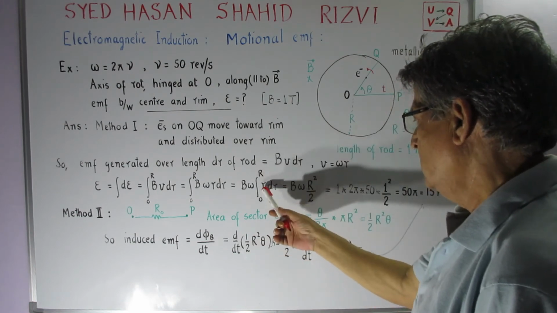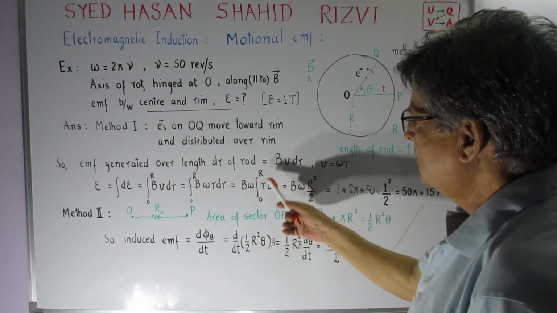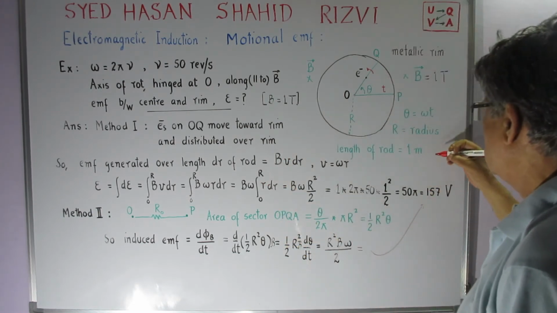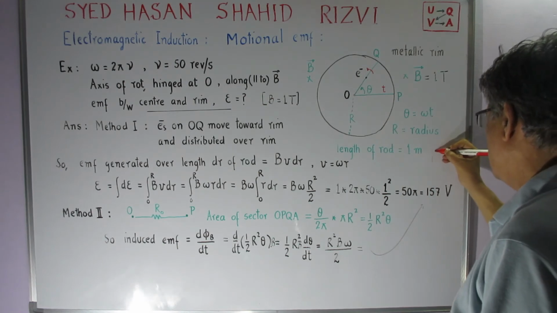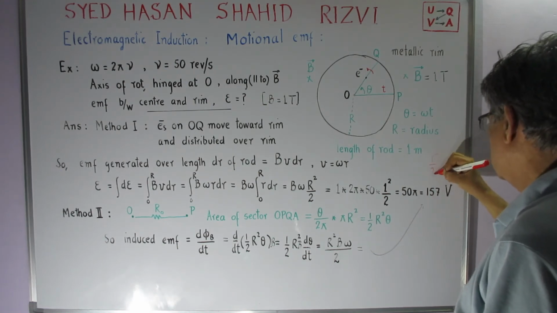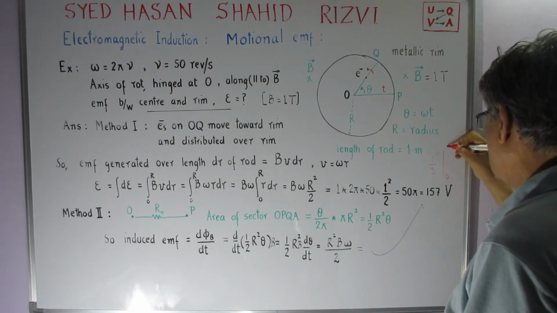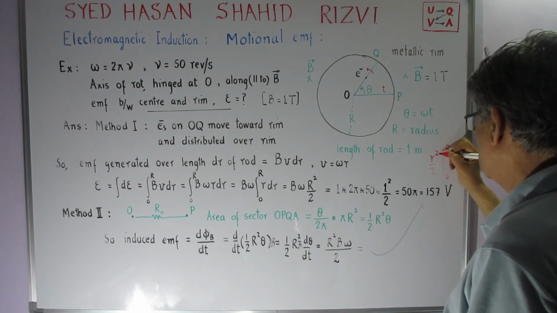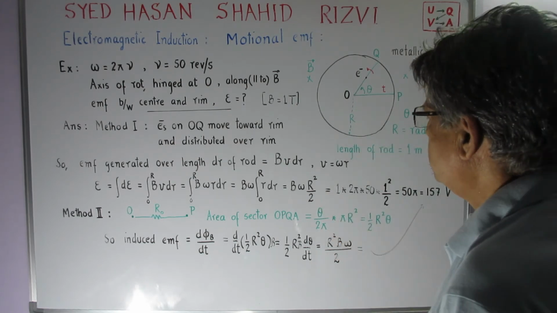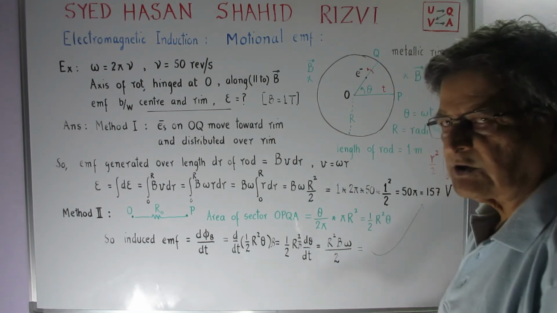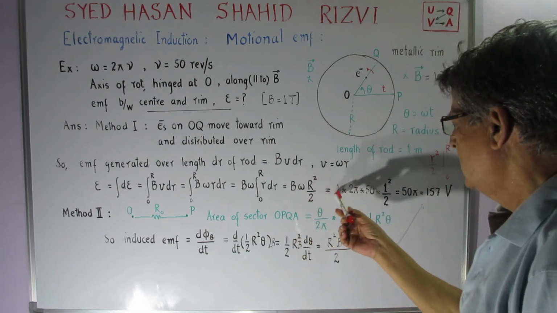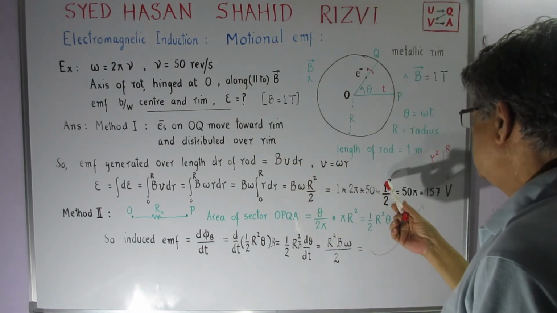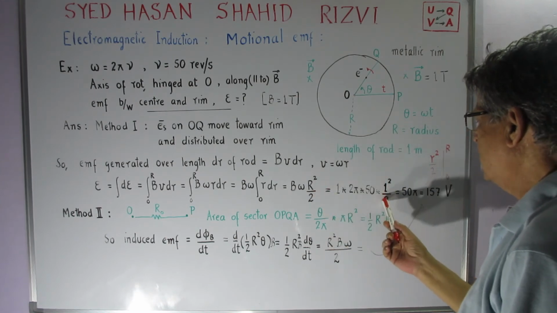So I write the integral from 0 to r of r dr, which will turn out to be equal to r square by 2 between the limits 0 and r. So it will turn out to be B omega r square by 2, and then I substitute the values: 1 Tesla, 2 pi into 50, that is the value of omega, into 1 square by 2.